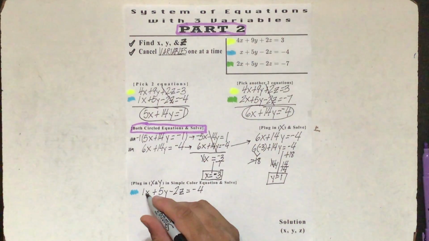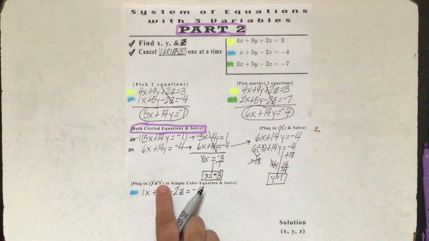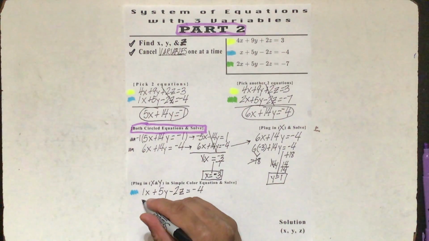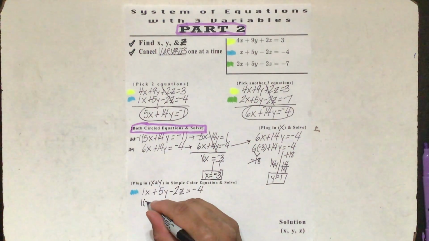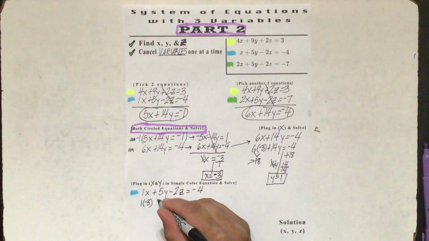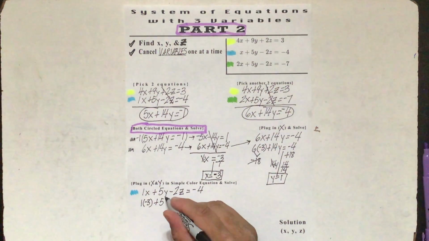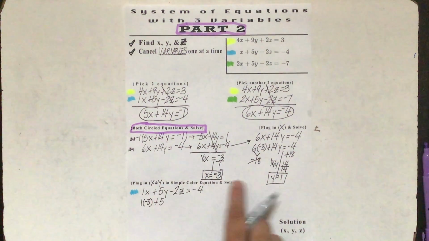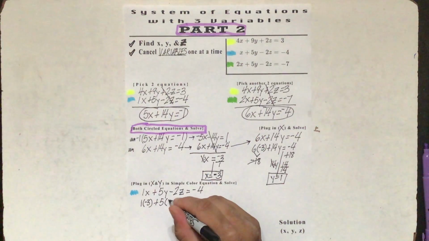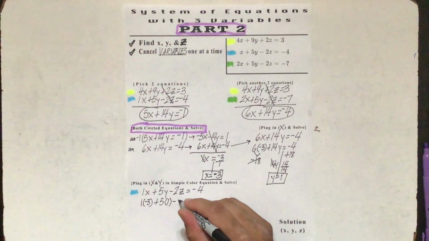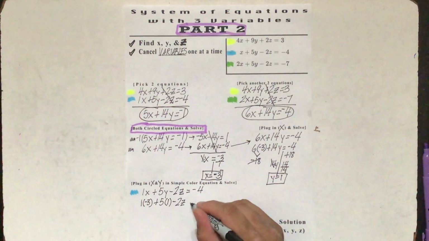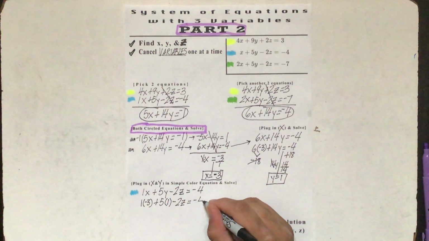So I plug in x and y. So what's my x? 1 parentheses negative 3 plus 5. What is y? Y is 1, parentheses 1, minus 2z is equal to negative 4.